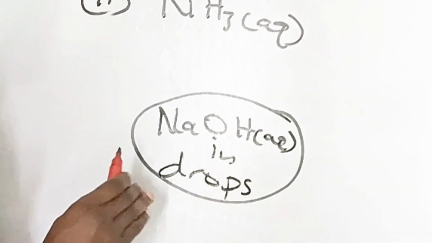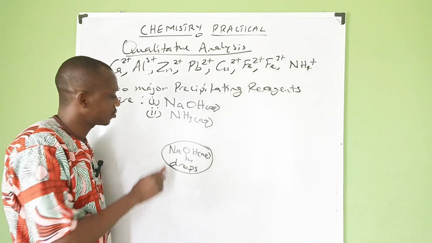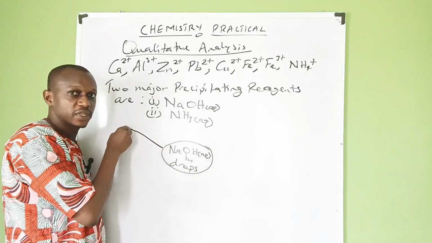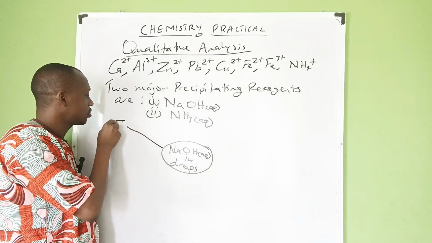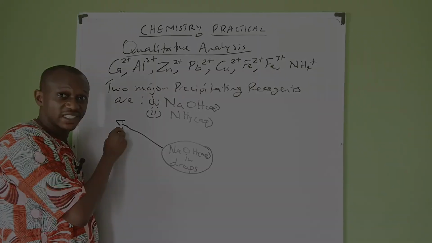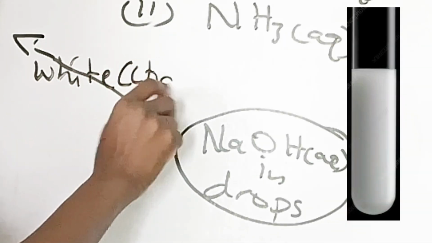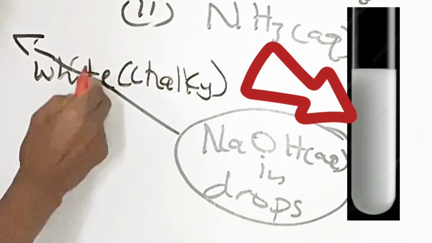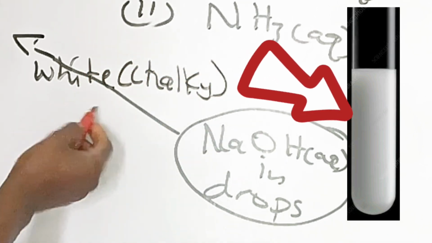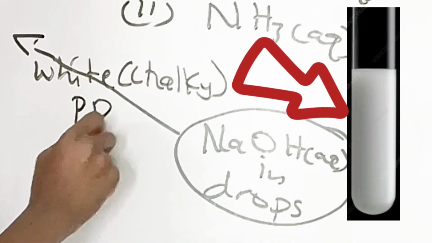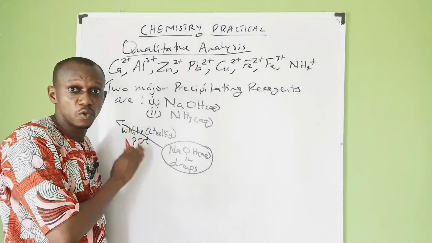Now, when you put it in drops, what are you expected to see? The first one: when you observe a white chalky precipitate, like a chalk, I will use PPT for the benefit of this video. But please, when you are writing your exam, write it in full, precipitate.